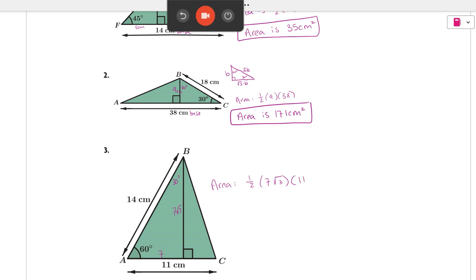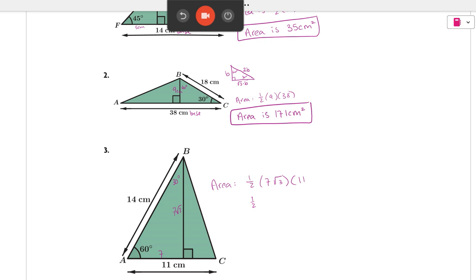So area, we have 1/2 times 7 square root 3 times 11. Now this one I'm going to pull a calculator out for. So let's see. 7 square root 3 gives us approximately 12.12, right?